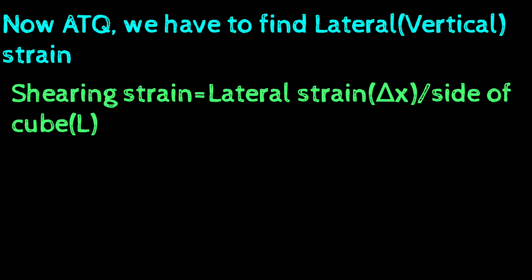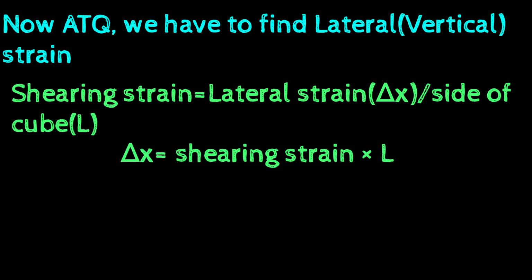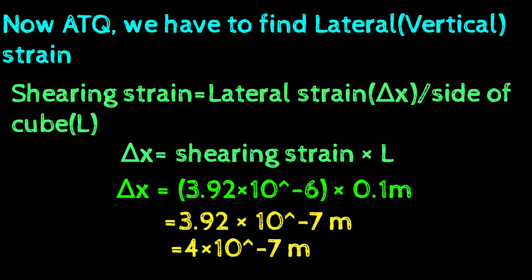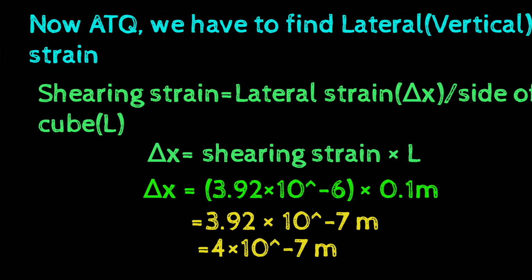So shearing strain equals delta x by side of cube, that is L. So delta x equals shearing strain into length, and after using the values that we know, delta x equals 3.92 into 10 to the power minus 7 meter. After rounding up we can also write it as 4 into 10 to the power minus 7 meter, and that is the answer. Now move on to our next question, 9.7.